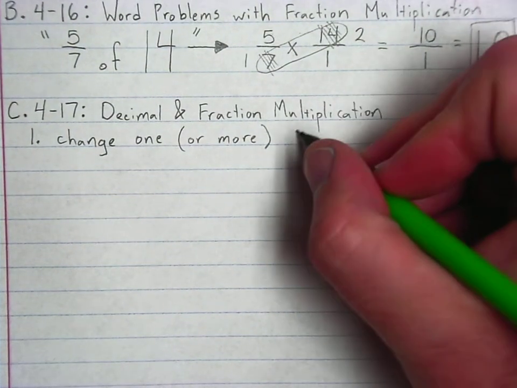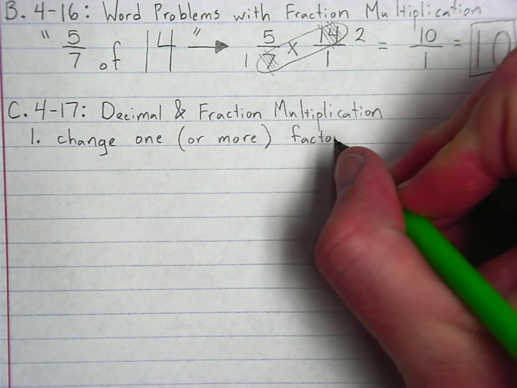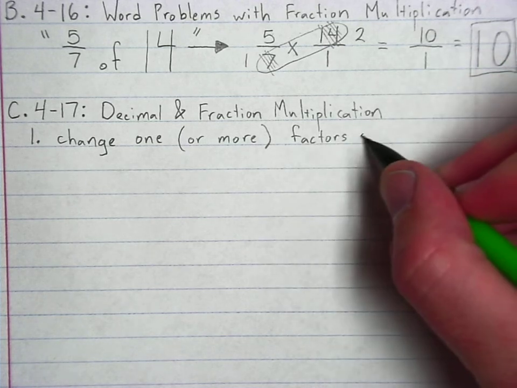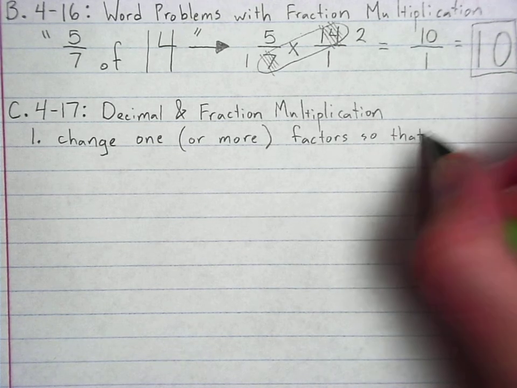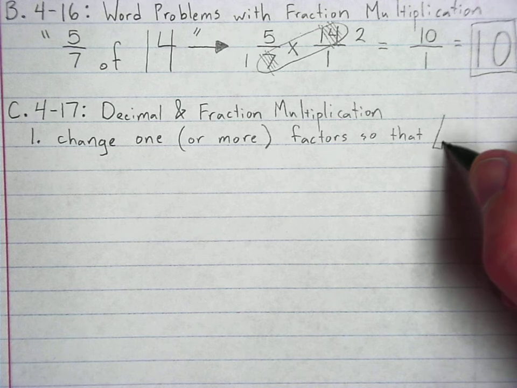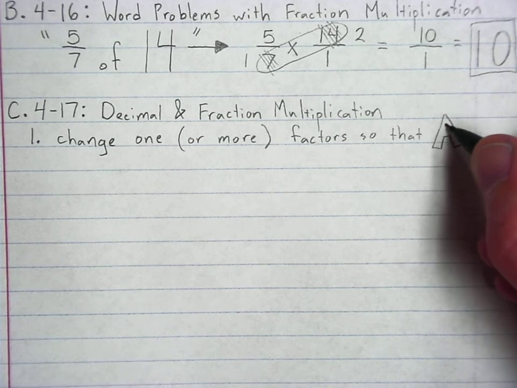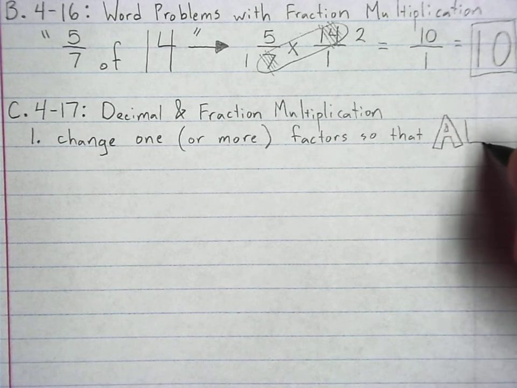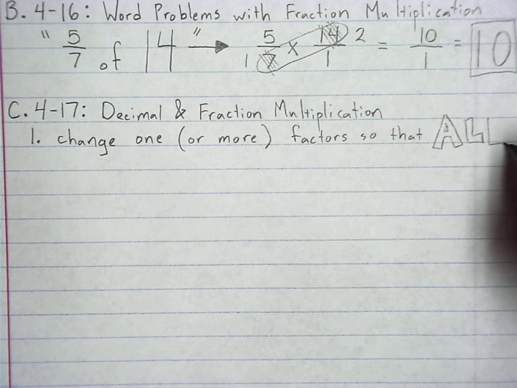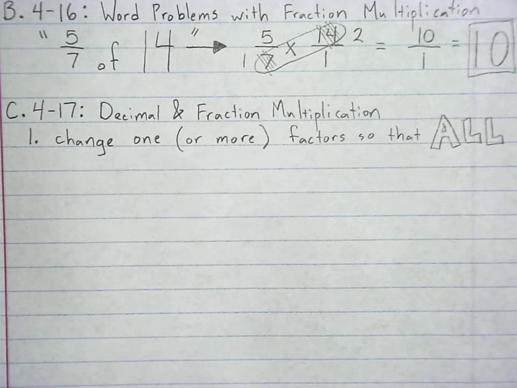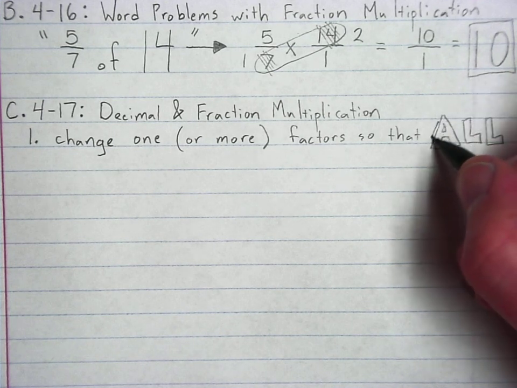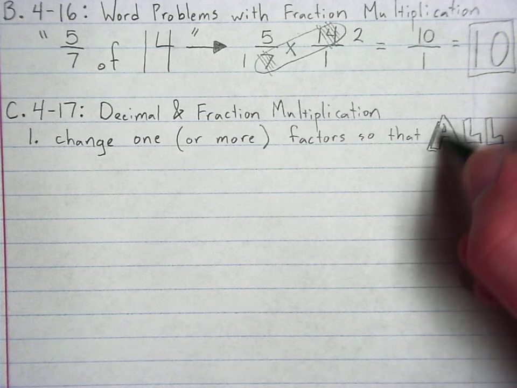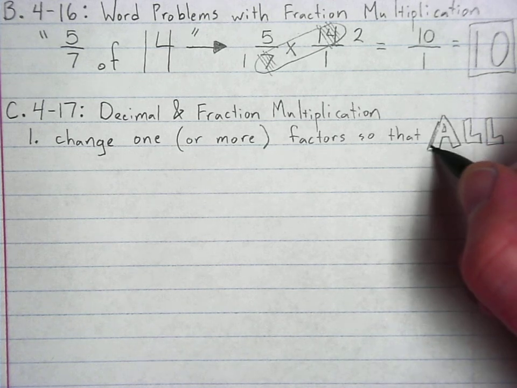Change one or more factors so that all, and I am really going to emphasize this, because the best way to do this is to make sure that all of your factors, all of them, are in the same form.